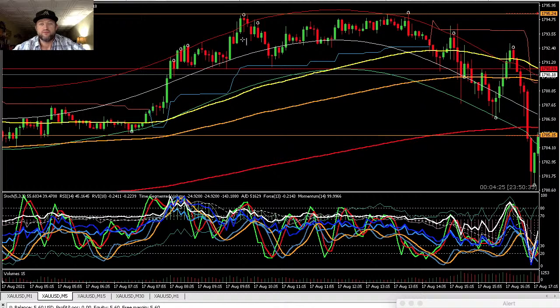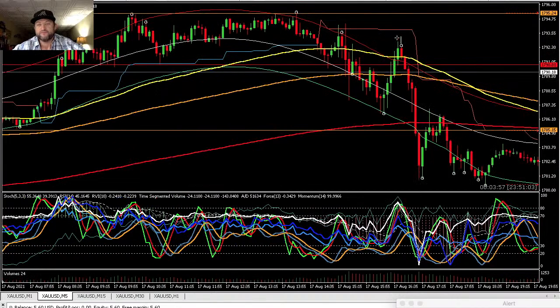But like your best entry, I guess it'd be over here. I guess you could say your best entry would be right here, because this is after this consolidation. Whatever price does after that consolidation is going to be a pretty solid move. So the consolidation acts as a foundation for price action.